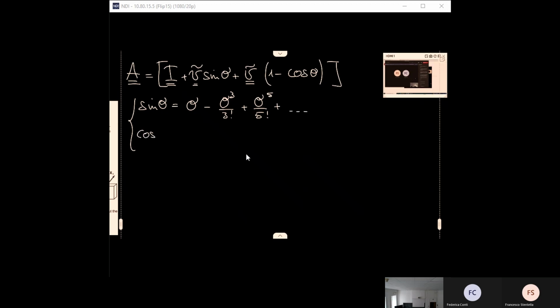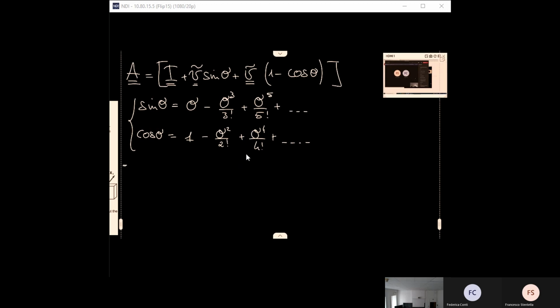While for the cosinus, you have 1, as we know, and then we have minus theta squared divided by 2 factorial plus theta to the fourth divided by 4 factorial plus others.